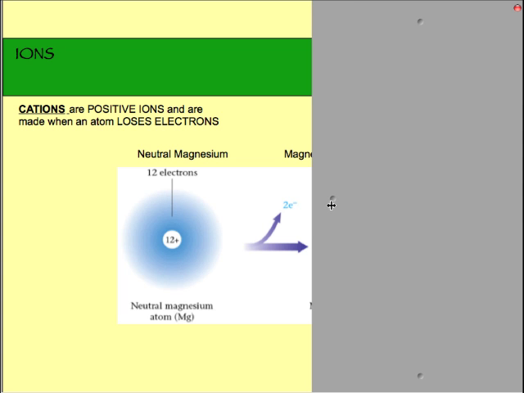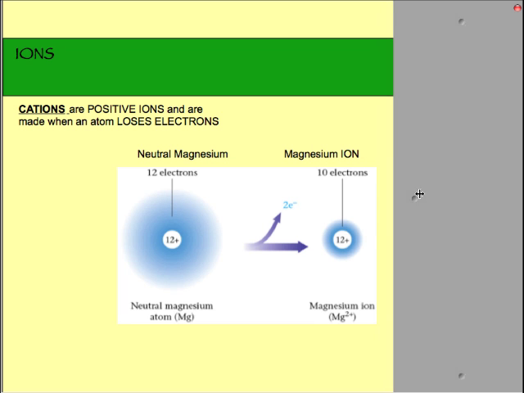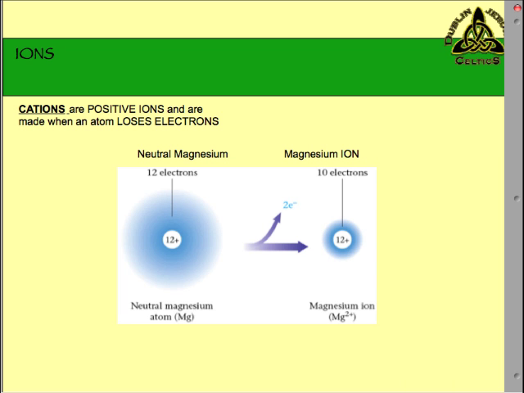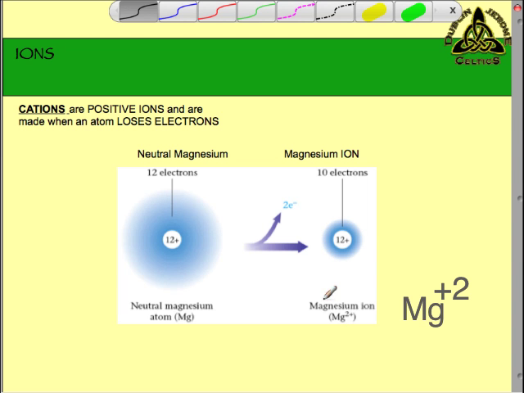So we've gone from having 12 electrons down to 10 electrons. That's a difference of 2. Now I've got 12 positives and 10 negatives. So my symbol here is going to be positive 2. We'll highlight that for you, or circle it. Magnesium, positive 2. It has 2 extra positive charges.